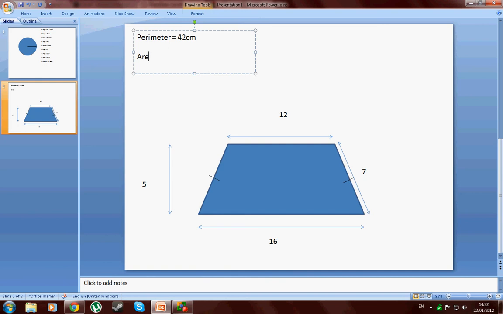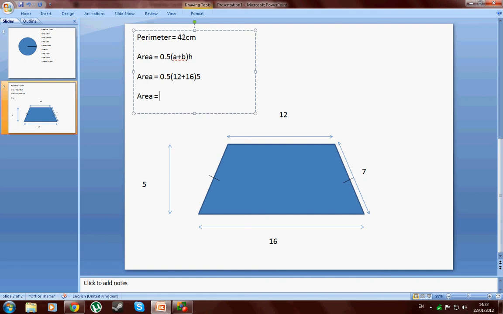Okay, area. The formula for the area of a trapezium is a half of a plus b, times h, where this is a, this is b, and h is height. So the area is a half of 12 plus 16, times 5.